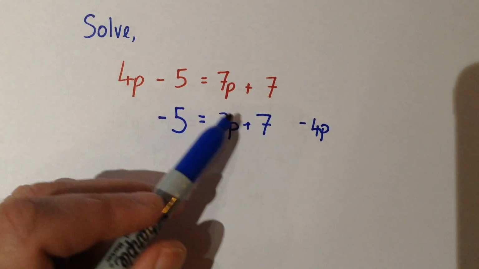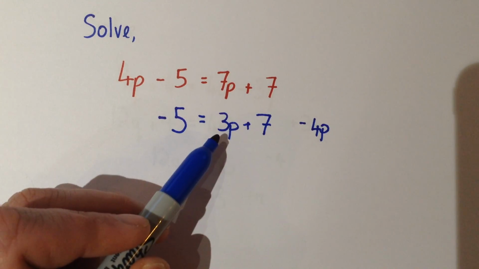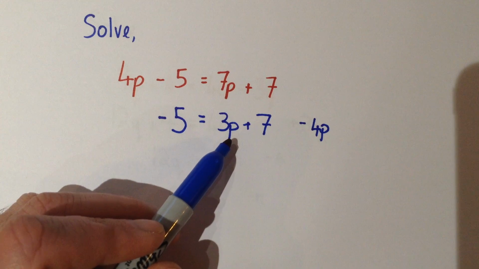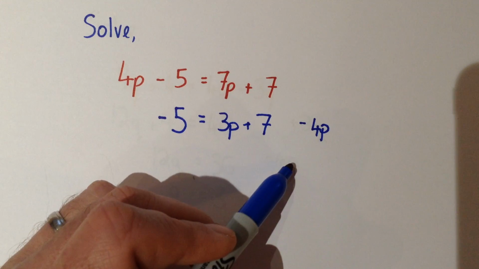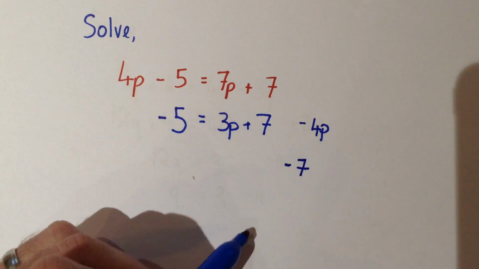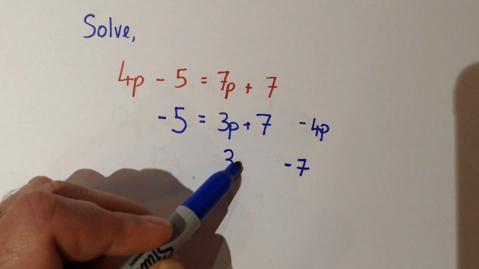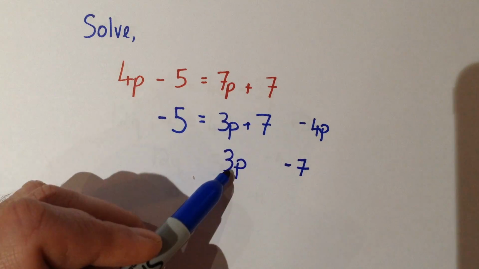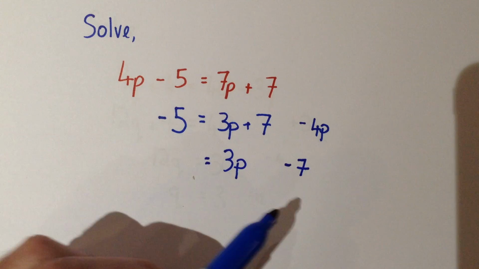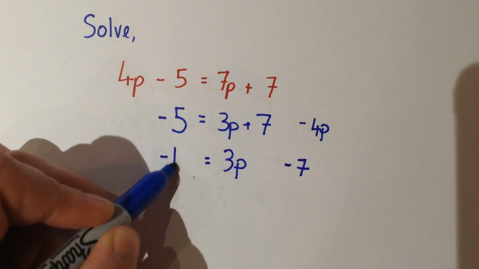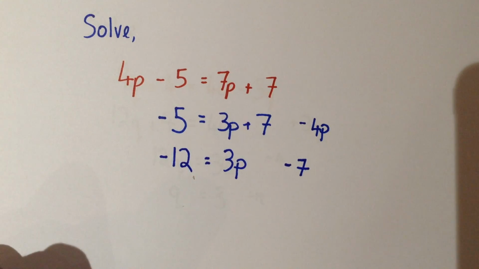At this point I now need to start doing the opposite, the inverse of whatever has happened to the p. So step number 1 is the opposite of add 7, which is take away 7. That cancels out on this side to leave me just 3p. Minus 5, take away another 7, gives us minus 12.